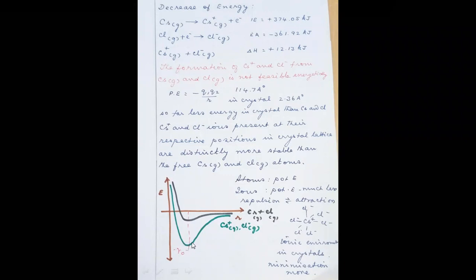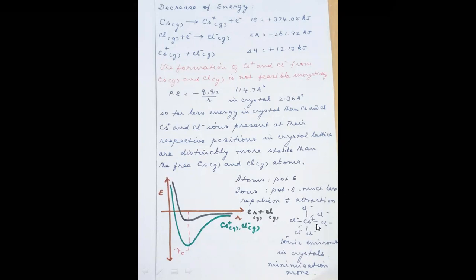That minimum potential energy is much less than the minimum observed for atomic cesium and atomic chlorine. And then if you further compel the ions to come closer, the potential energy increases rapidly.